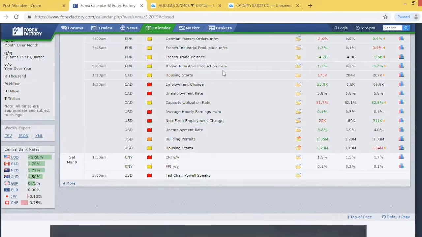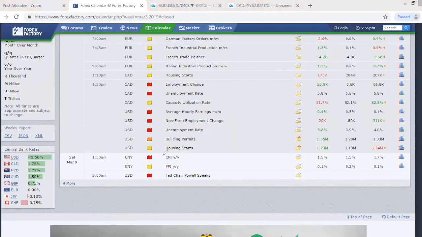If we take a look back to the US dollar and take a look at non-farm payroll data on Friday afternoon, the expectation was ultimately realised in terms of what we were expecting for non-farm payroll data, which was effectively this.